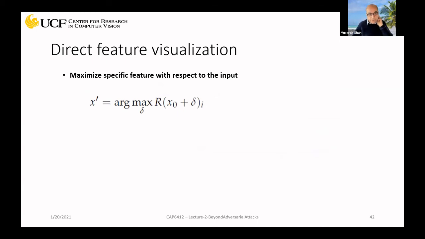The other thing we can do is find the input image X prime such that the activation of a particular feature is maximized. So we want to take X0 and add some delta, so that a particular feature gives you a maximum response. We want to find X prime like that.